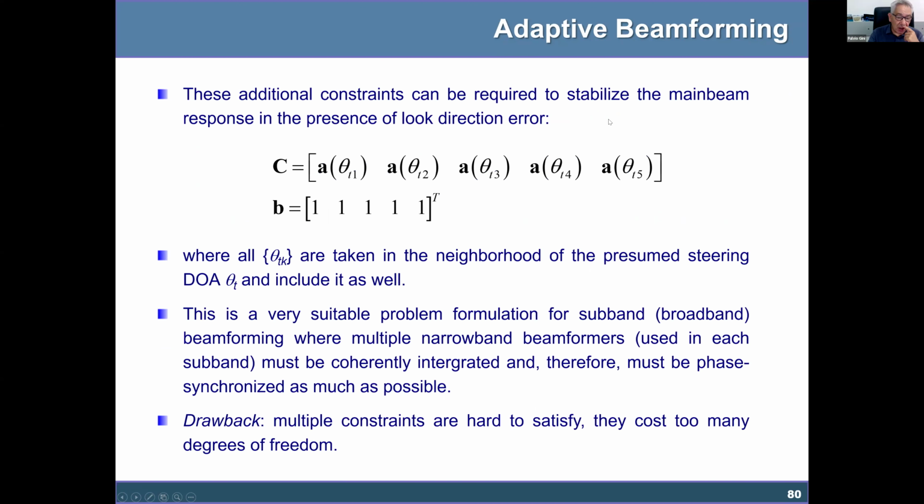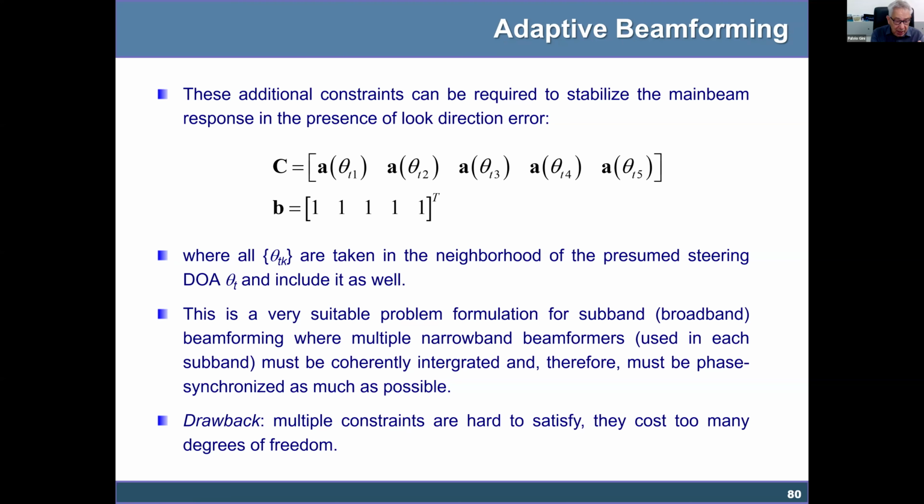And as I said before, if you choose angles theta t1, theta t2, theta t3 that are very close, so that are distributed in a close neighborhood of the steering direction, the effect of imposing a constraint like this is to enlarge a bit the main beam.